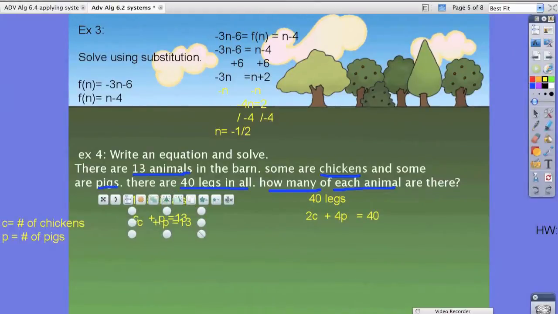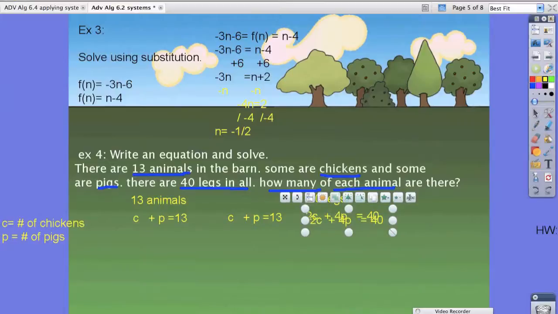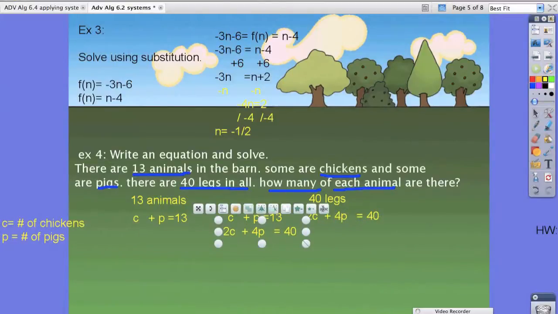So we're going to take them, and we are going to find a way to solve this system of equations. Because we haven't seen this before, we don't have an equation that says x equals or y equals, or in this case c equals or p equals, so we have to make it look like that.